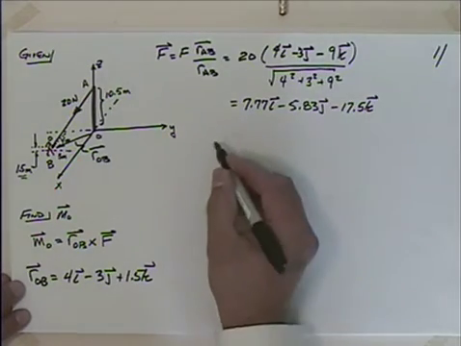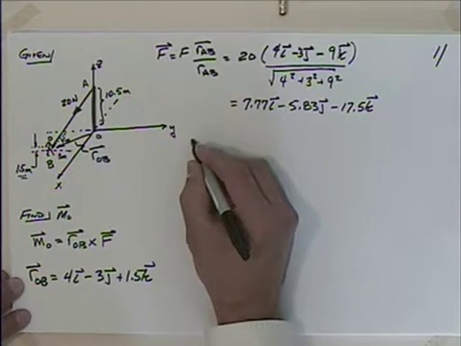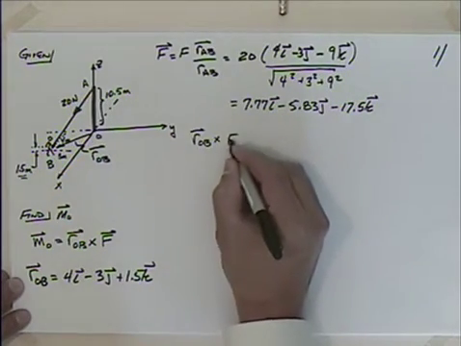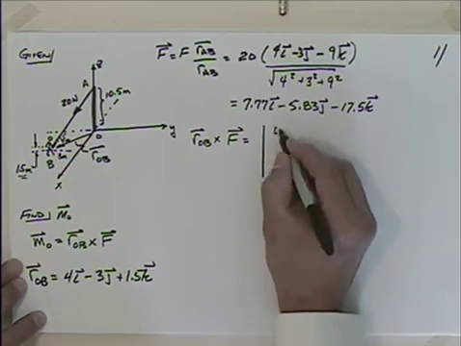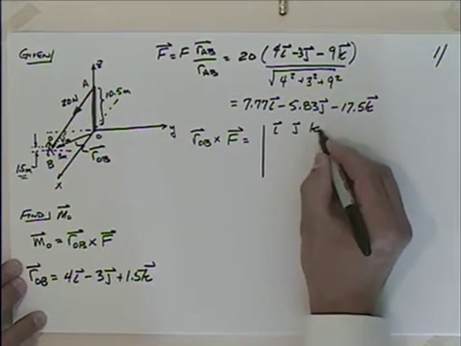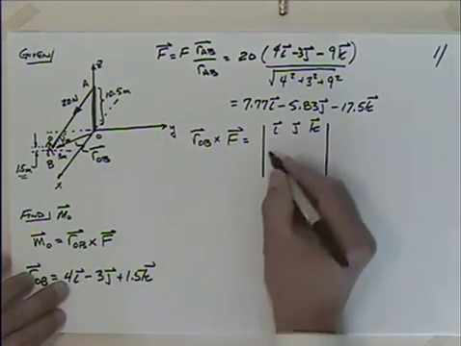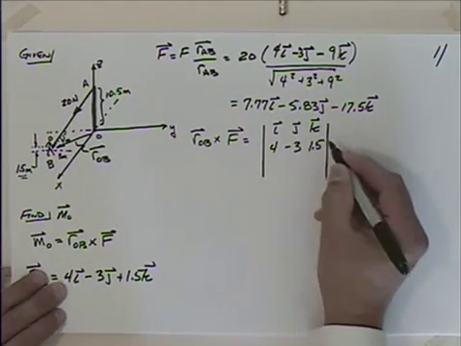So when you cross this, this is going to look then like R from O to B crossed with F would be equal to, you have to put in the R first. The order is important. 4, minus 3, 1.5.